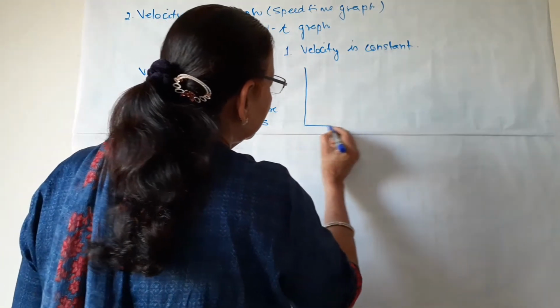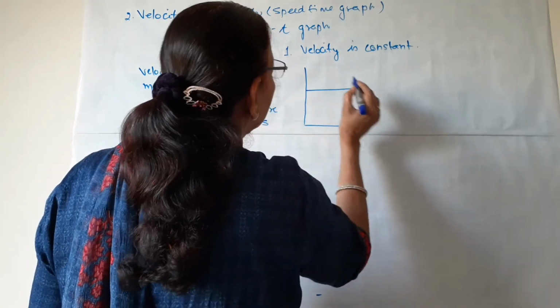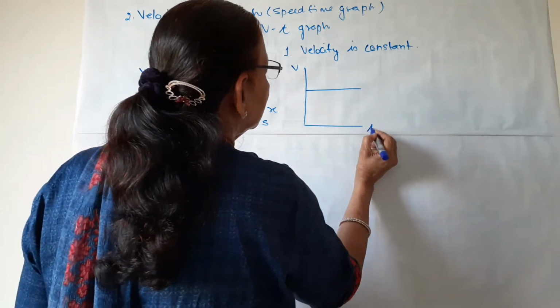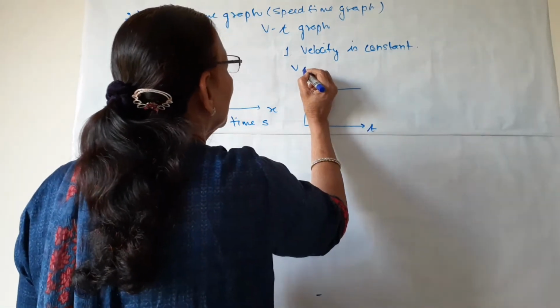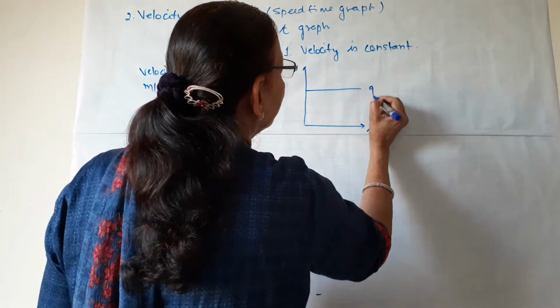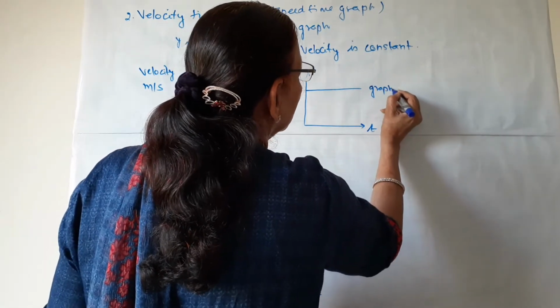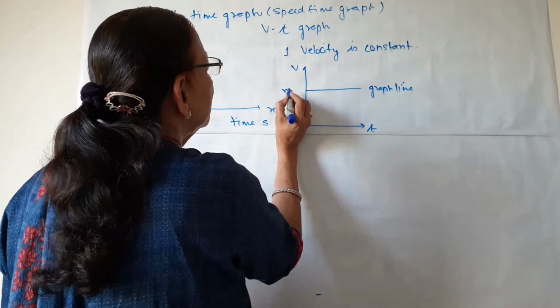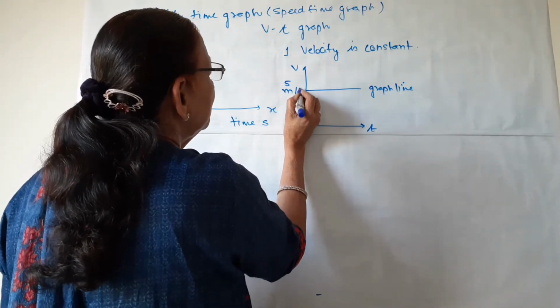The graph in this case will be like this. This is velocity, this is time, and this is the graph line. Suppose the velocity here is 5 meter per second.